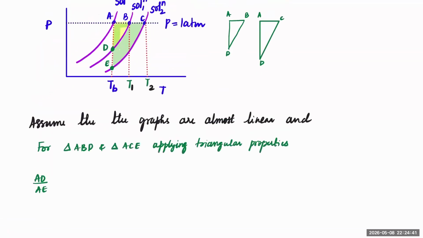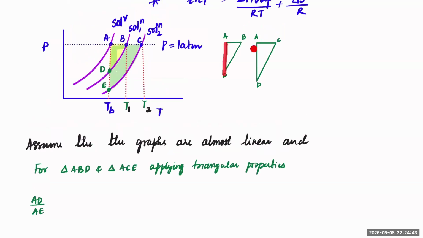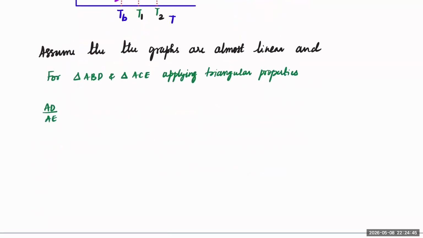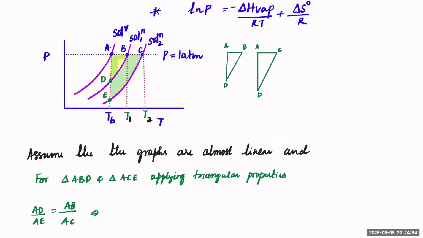Please check it out. What is AD here? This is AD and this is AE, correct? AD by AE must be equal to AB by AC, correct?